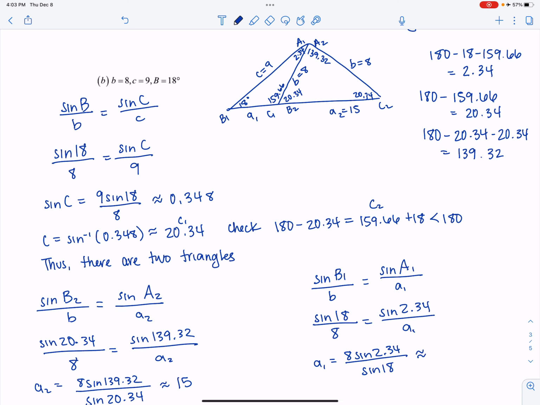And in a calculator, that's approximately 1.06. So this one is 1.06. And there we go. We found all of the values for both triangles. We found 6 angles and 6 sides. Well, 5 sides because they share one.